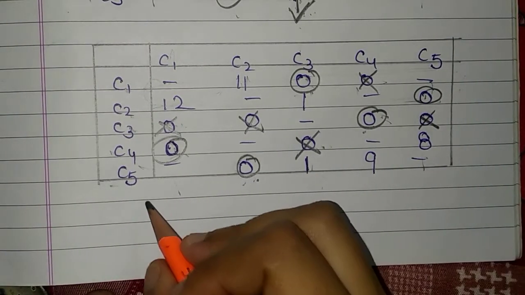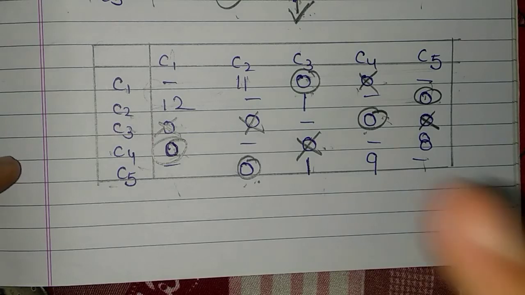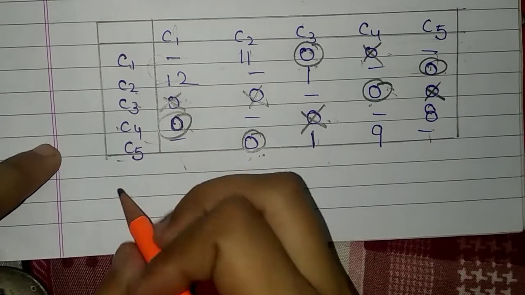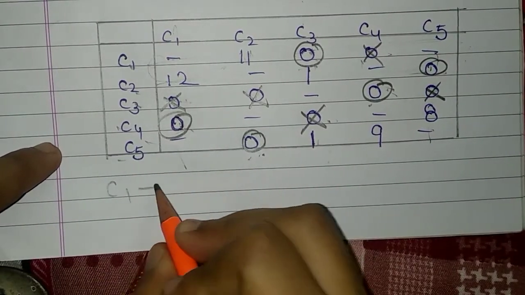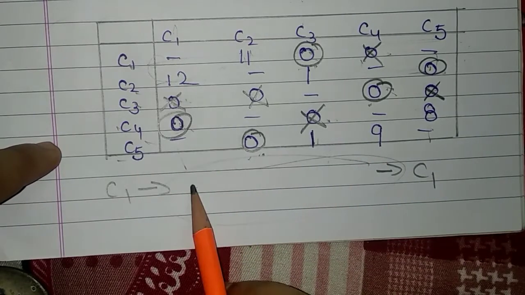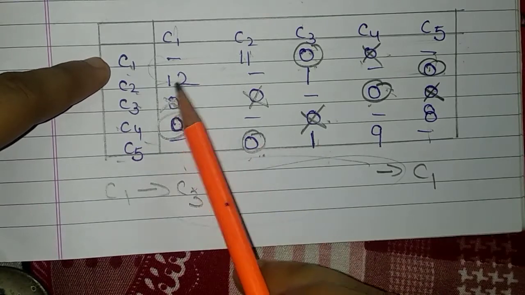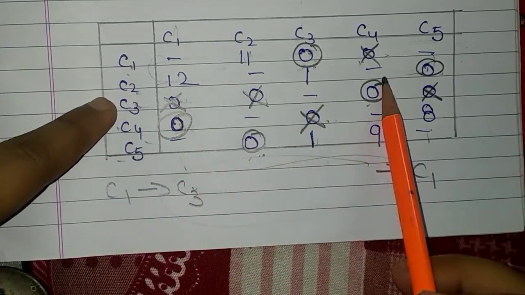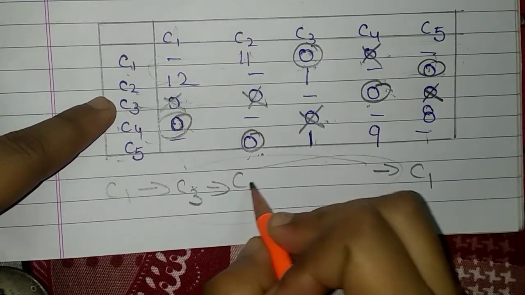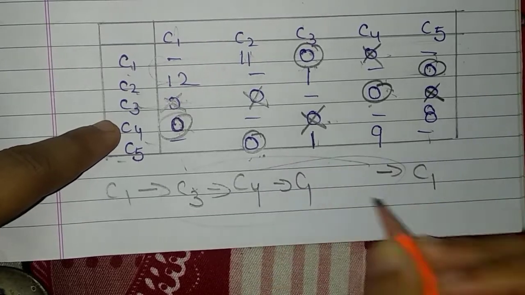But in the traveling salesman problem, we have to come back to the place from where we started. Like we can start from C1 and we have to finish at C1 by covering all the paths, like C1, C3, from C3 to C4, from C4 to C1.